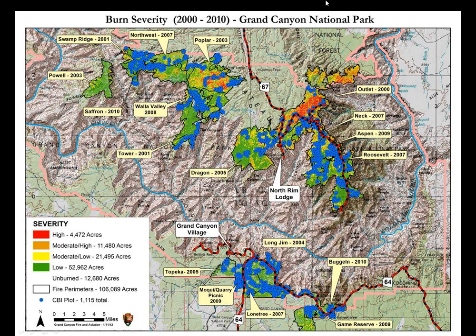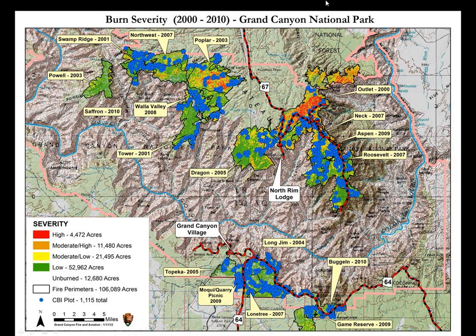What CBI plots do is give you a field reason why you can re-threshold the data. If that doesn't make sense, we just remake where the cutoffs are for the various severity classes, and those are based on the field visits. So that's my plug to go out and put in CBI plots and not take the data straight as it is. As it is, it's very good, but you can really tailor it.